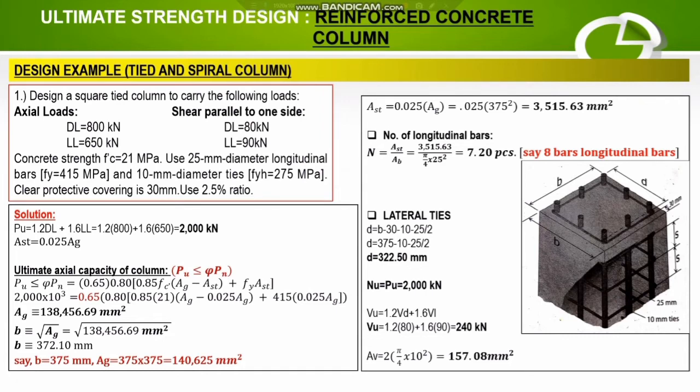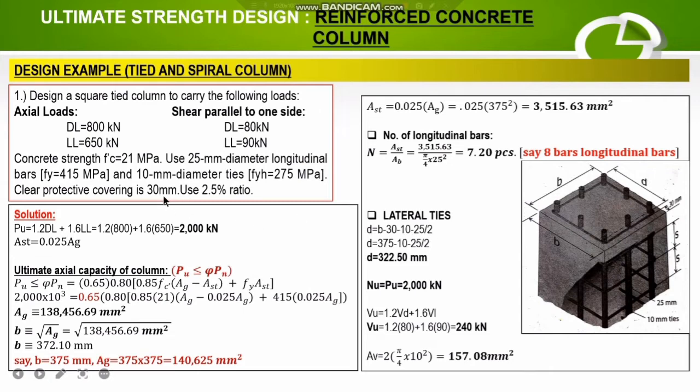Then for the lateral ties, we will solve for the effective depth. The effective depth can be derived based on this formula. So D is equal to B minus 30 minus 10 minus 25 over 2.